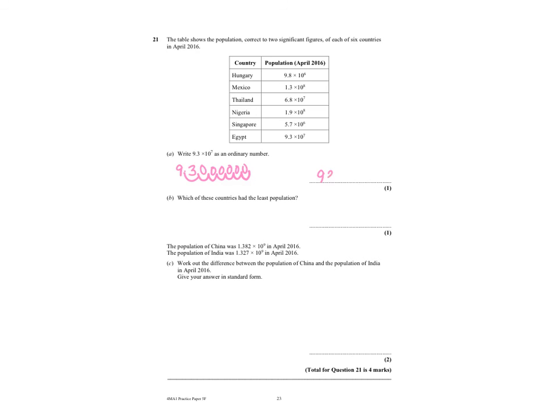So we have 9, 3, 5, 6. Okay, so 93 million. Which of these countries had the least population? We're looking for the smallest population. Times 10 to the 6 is going to give us the smallest, and we have 5.7, so it's Singapore.